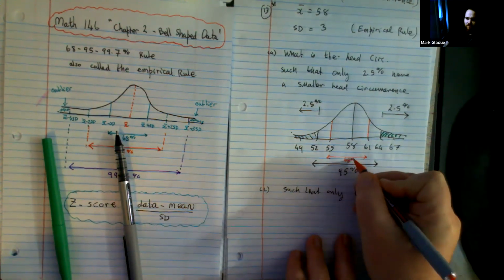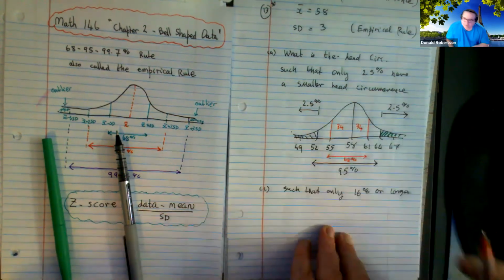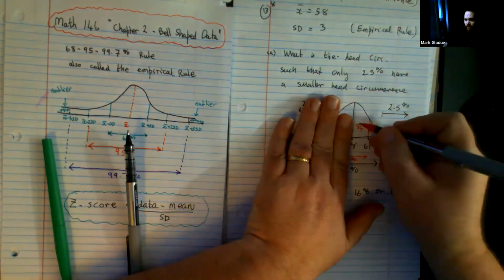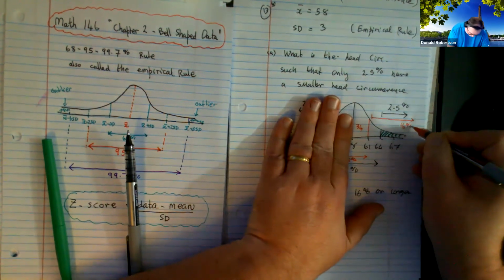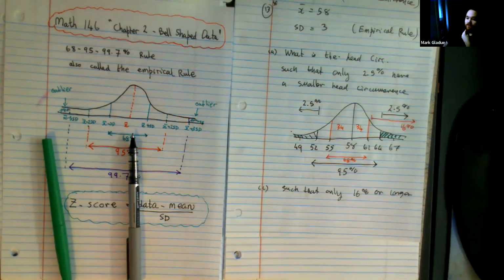Doesn't that split into 2 equal pieces of 34? And if this bit's 34 and the whole thing is 50, won't that bit there be the 16% that we're doing? Is that your thought process? Yes. And that is the right answer.